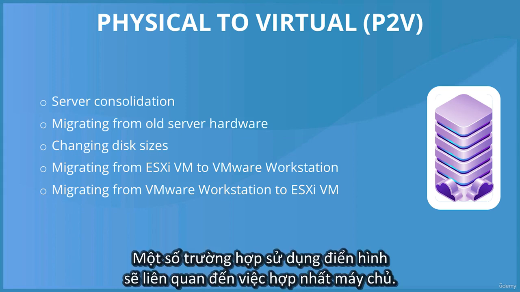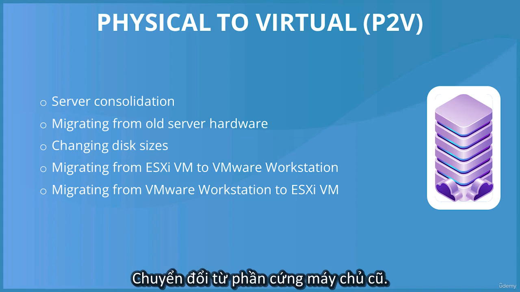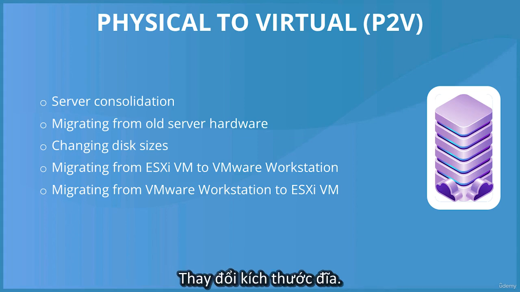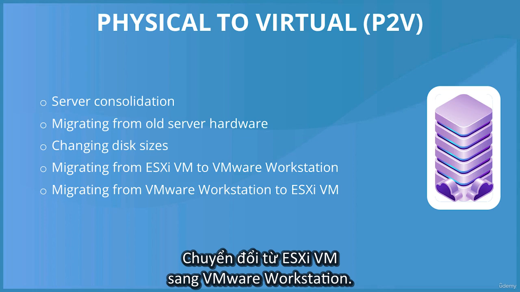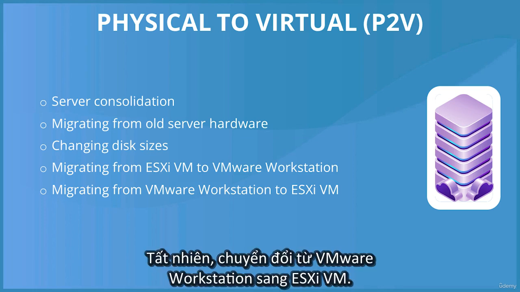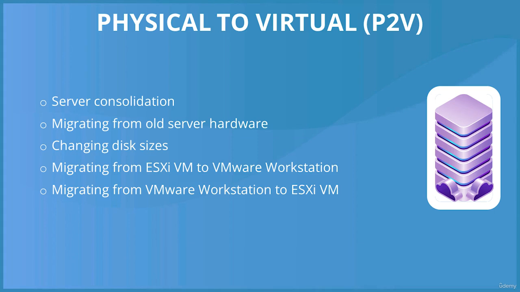Some typical use cases would involve server consolidation, migrating from old server hardware, changing disk sizes, migrating from ESXi VM to VMware Workstation, and of course, migrating from VMware Workstation to ESXi VM.